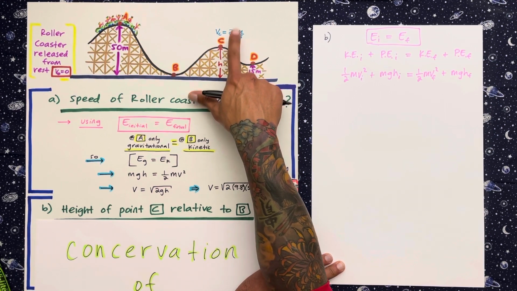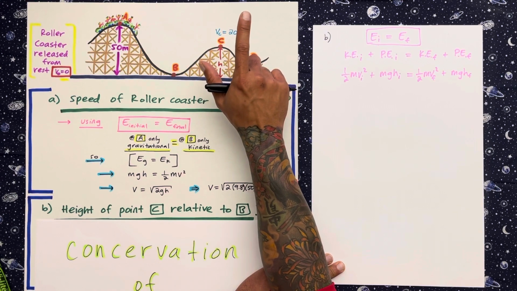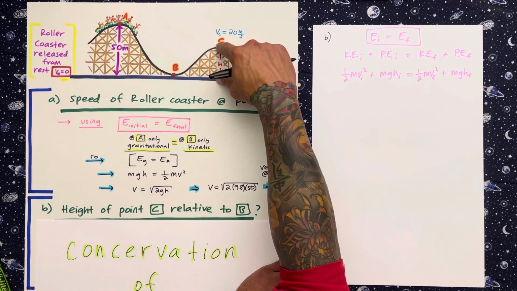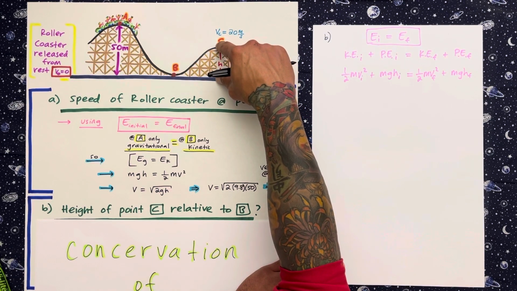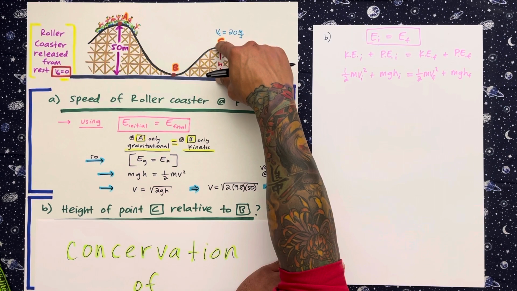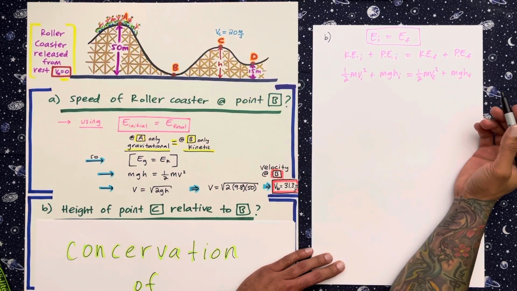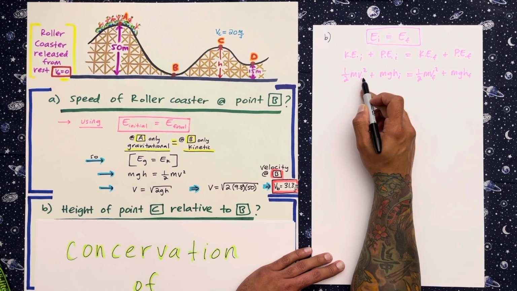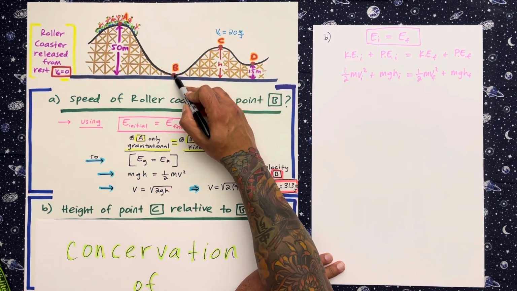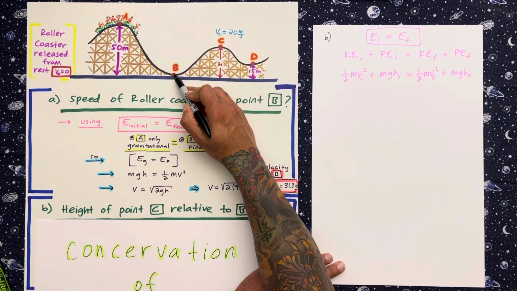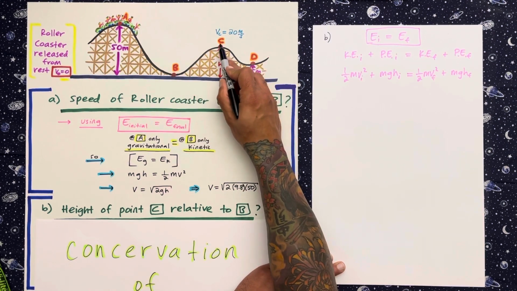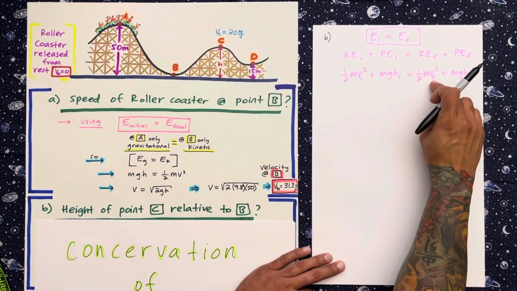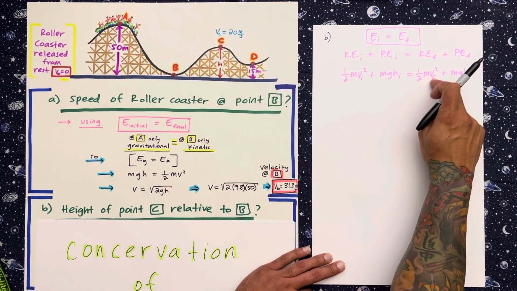Okay, so we're going to look at this part here, and we have an initial height. So we don't have an initial velocity because initial velocity started off here. We're going to do straight the final velocity, which is VC, because we're going to calculate this height. So that velocity here is going to go on this side.